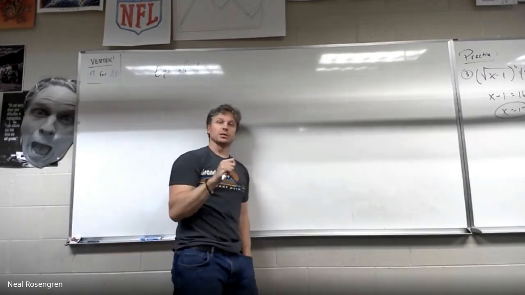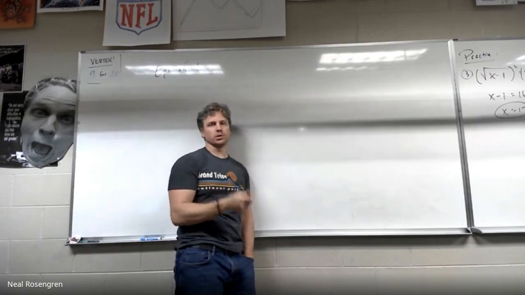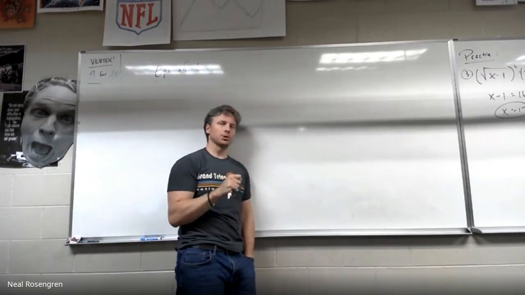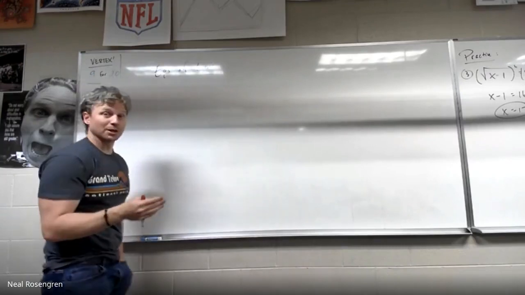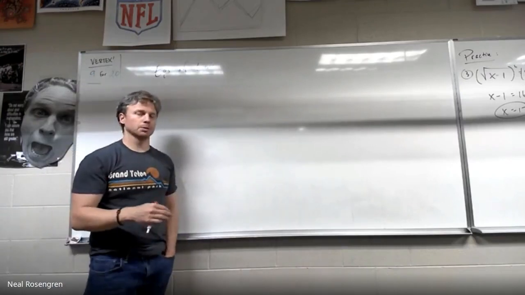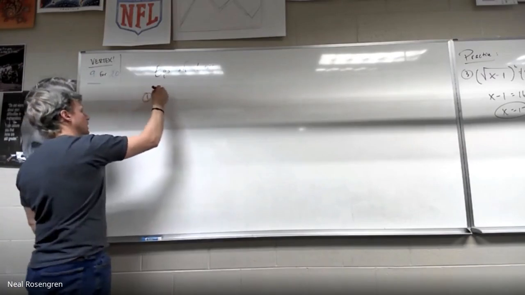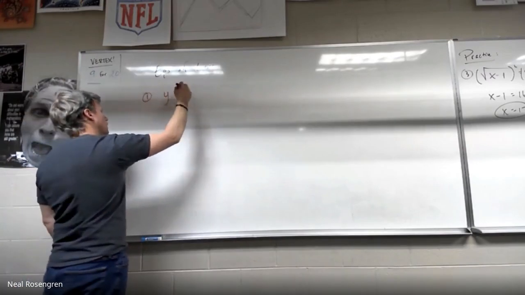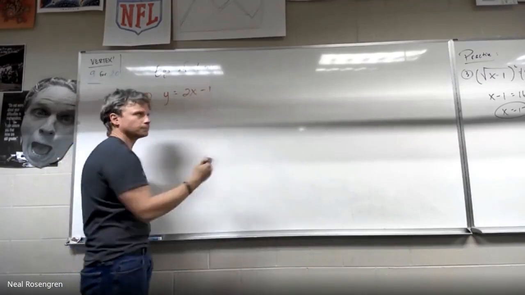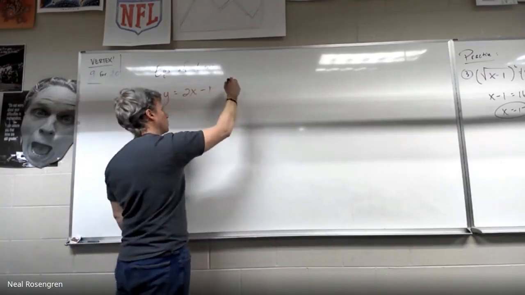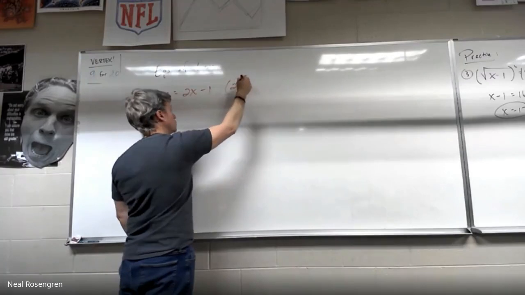The answer is in slope-intercept, not point-slope. So you want to make sure that you can get yourself to that y equals mx plus b form. The nice part is they're going to start us in y equals mx plus b as well. So they're going to give us a line, y equals 2x minus 1, and say, let's go through the point, like 2, 3.